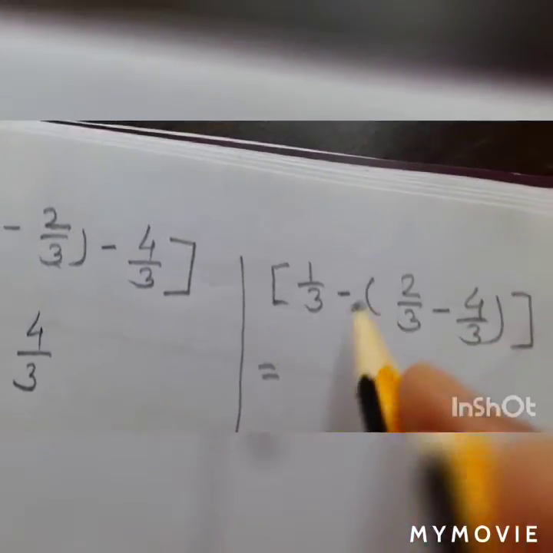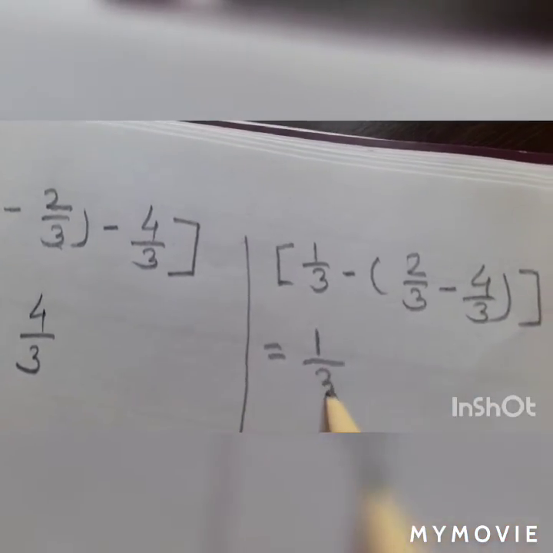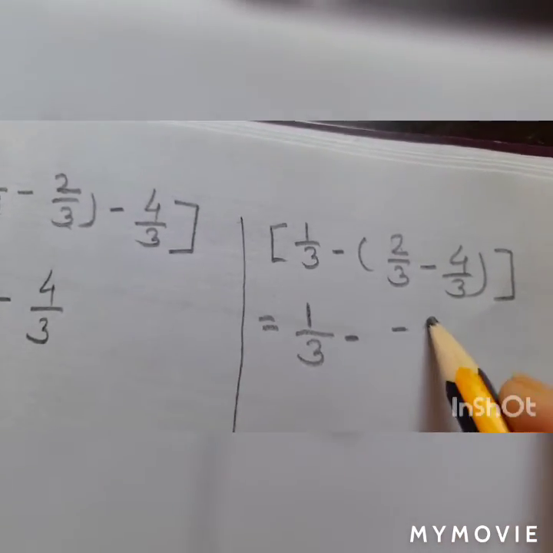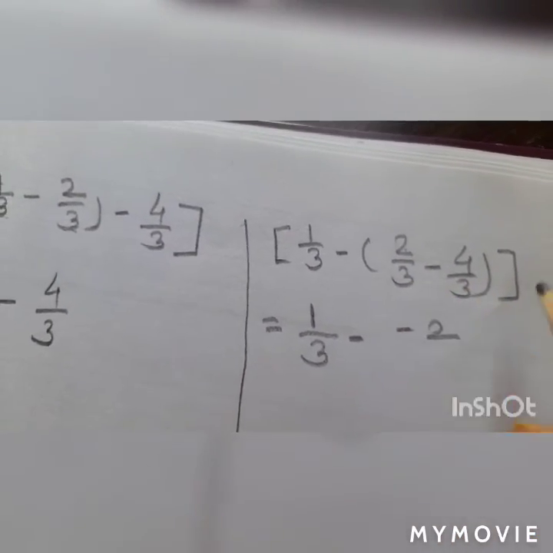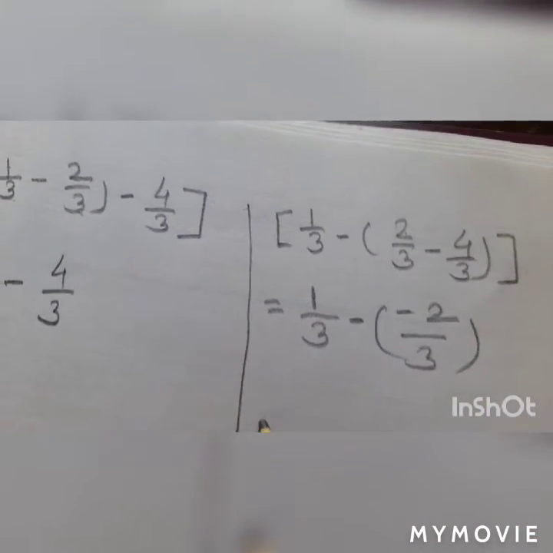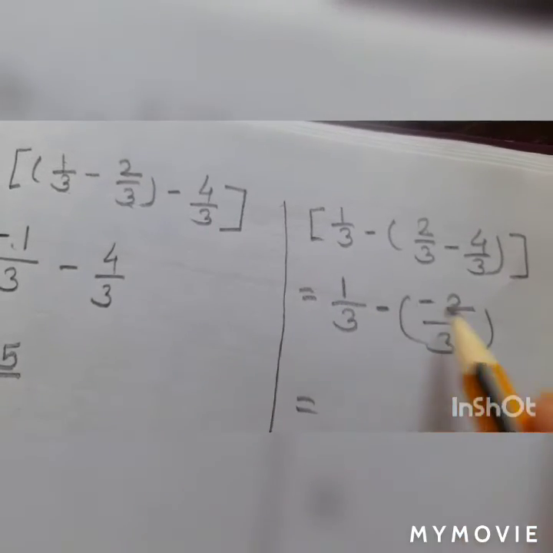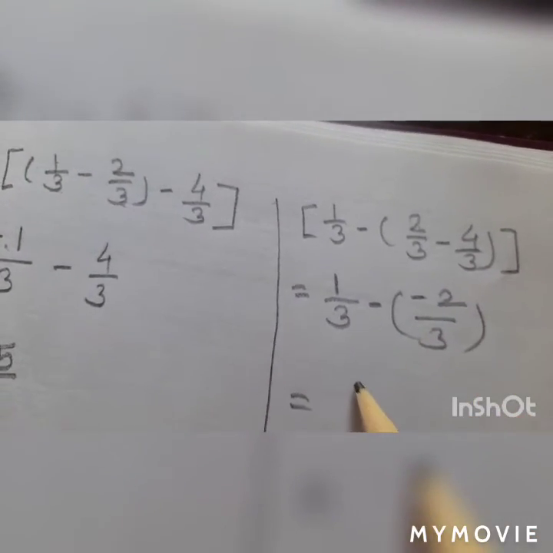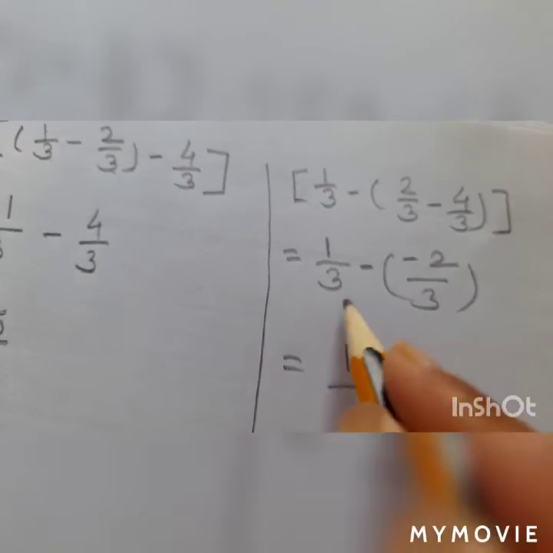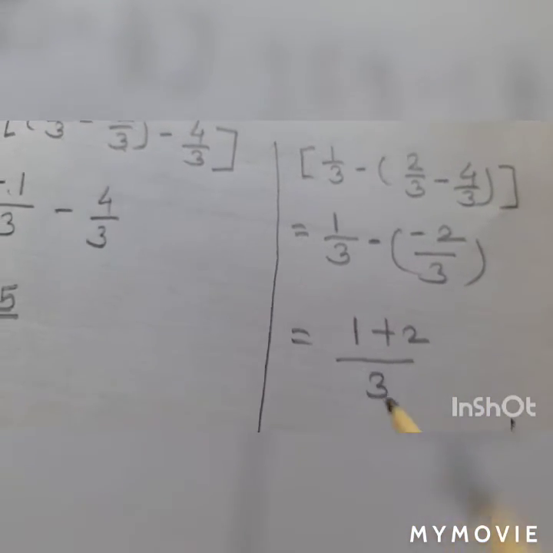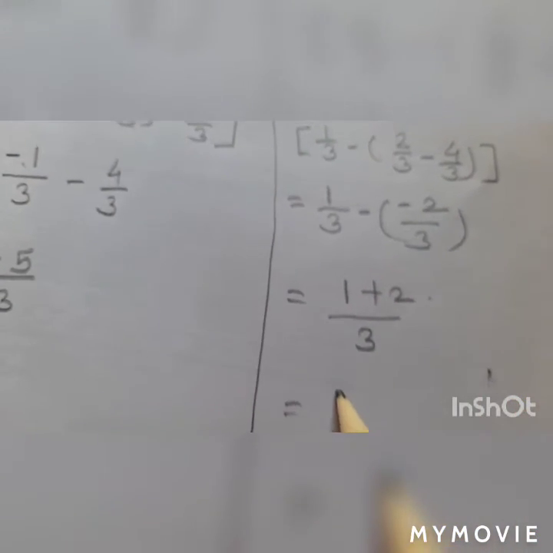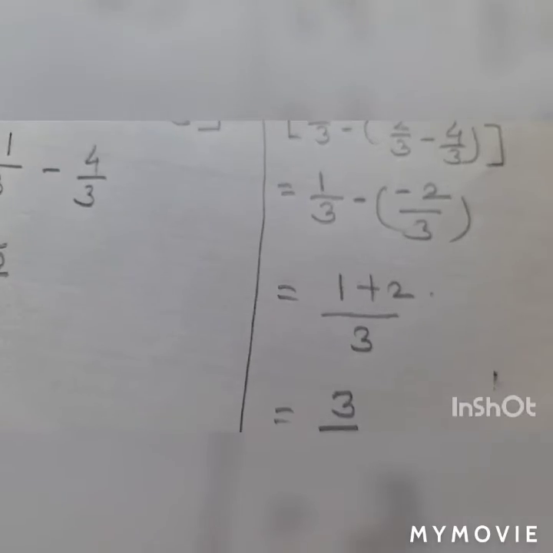On the other side, 1 upon 3 as it is minus, 2 minus 4, the answer is minus 2 upon 3, 3 is LCM, is equal to 1 minus minus gets plus, 1 plus 2, 3 is LCM, 1 plus 2, 3 upon 3.